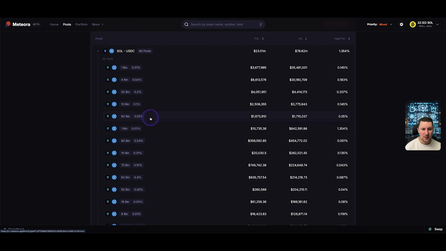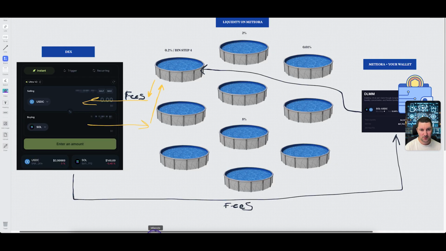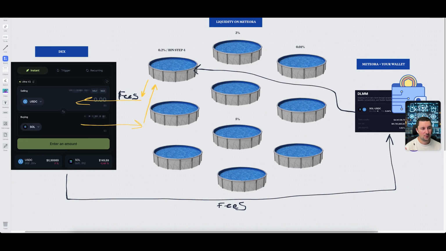And before we go into the price ranges, let's go one step back and look at how the fees and everything work in a very abstract way. So for example, you are a crypto user, you want to swap your USDC into SOL or vice versa, doesn't matter.